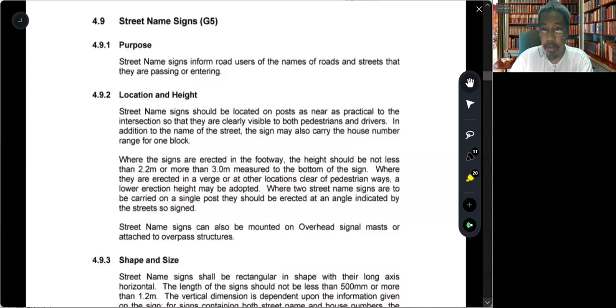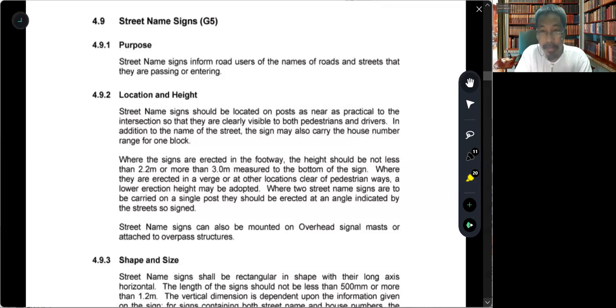So therefore, the application of rules and regulation in the Philippines is not very widespread. There are municipalities and areas wherein these rules are not being applied or they are not aware of these rules. This is a law. This is a law of the land.